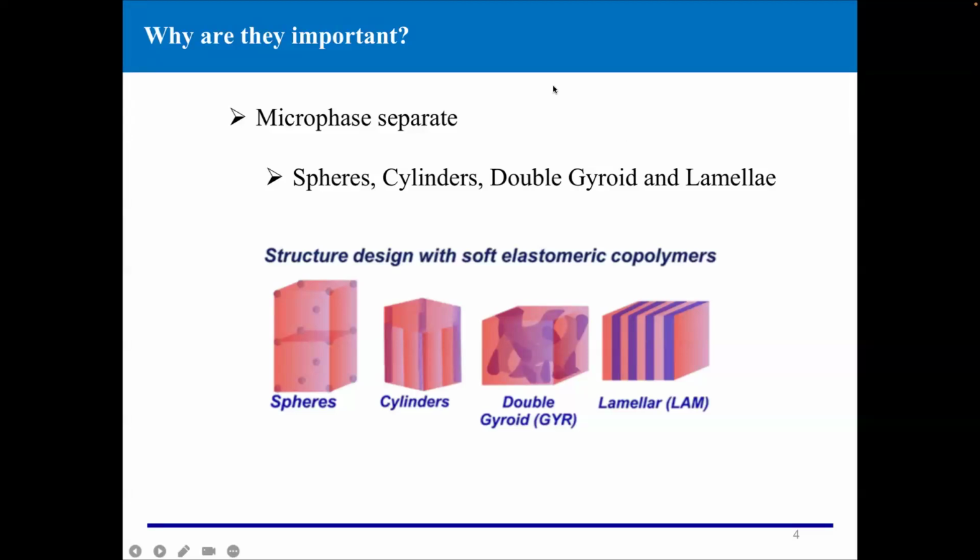I think the most important part for block polymers is their microphase separation, which means if we synthesize our block polymer with different methods, or control the proportion of our monomers, we can get different microstructures like sphere, cylinder, double gyroid, and lamella. Different kinds of structures mean we can use them very widely in our research.